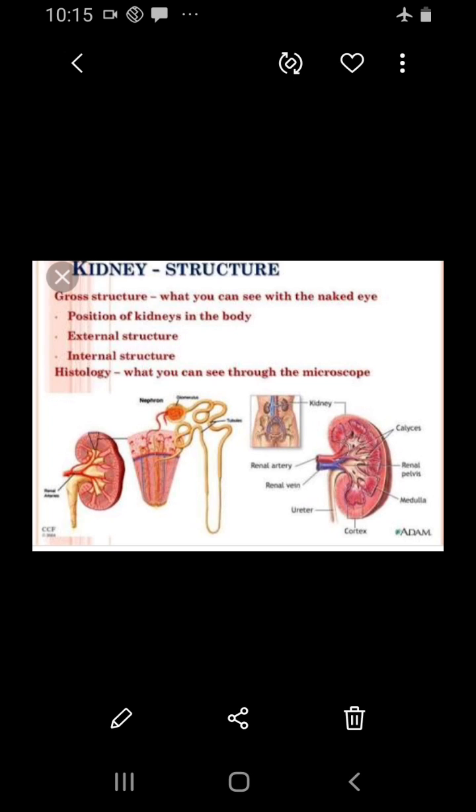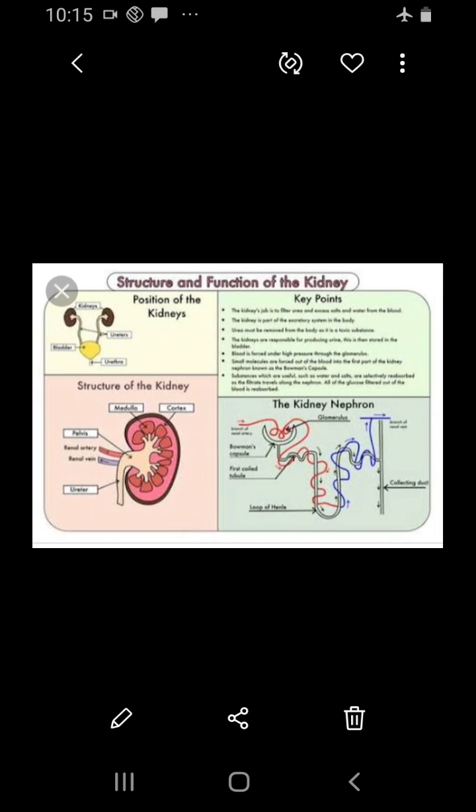Then tubular secretion: the tubules secrete potassium and hydrogen ions into the tubule. This secretion is done in the tubules.